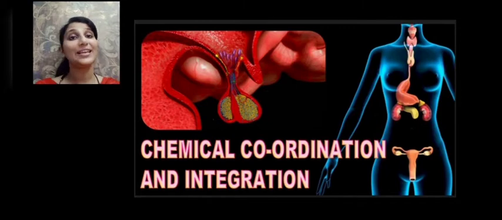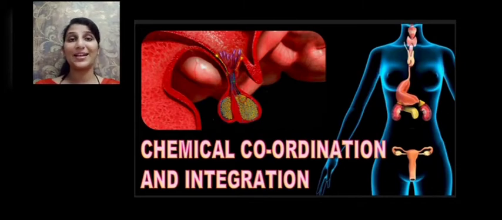So, what is this chemical coordination? It is the coordination between groups of cells or different organs in a multicellular organism. In this type of coordination, as the word indicates, certain chemicals are released by a group of cells, and these chemicals regulate the activities taking place in other cells.